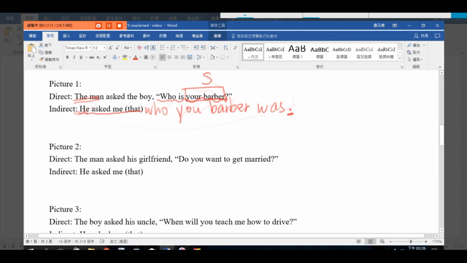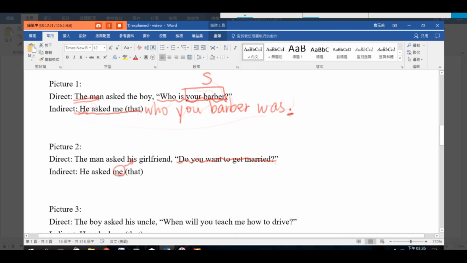Take a look at picture number 2. Picture number 2 is the picture where there is a man talking to a lady in the restaurant. Okay. Now the direct speech sentence is the man asks his girlfriend, do you want to get married? So this is a regular question over here. Now we have to turn it into an embedded question. So he asked me meaning the girlfriend.